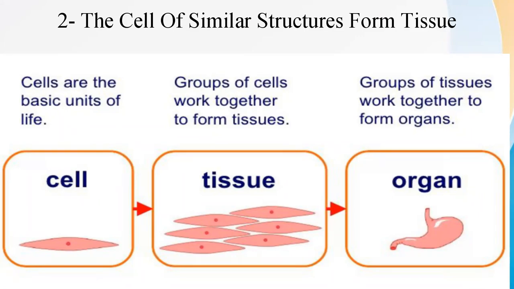Nerve tissues carry messages from one part of the body to another. Connective tissues, which include bone, cartilage, and fat, etc., join all the parts of the organism. Epithelial tissue protects the structure of the cell or the body. Now on your screen you can see the cells of similar structure form tissues.